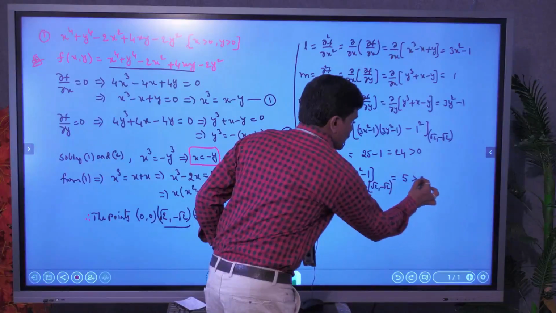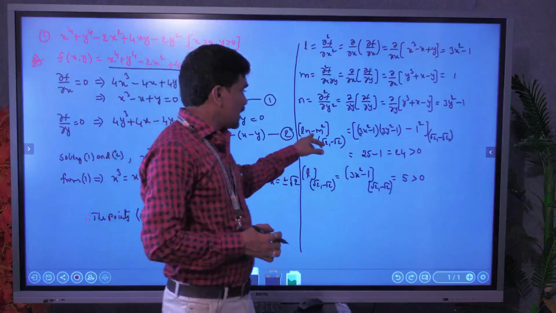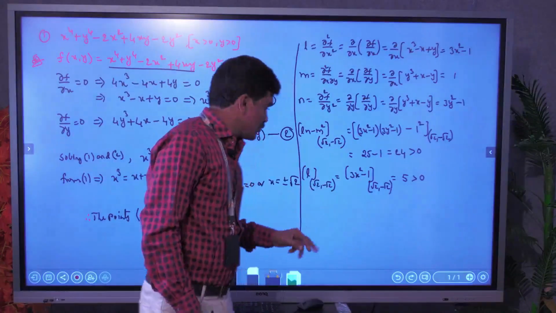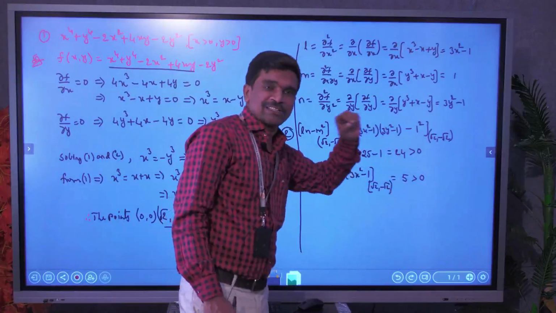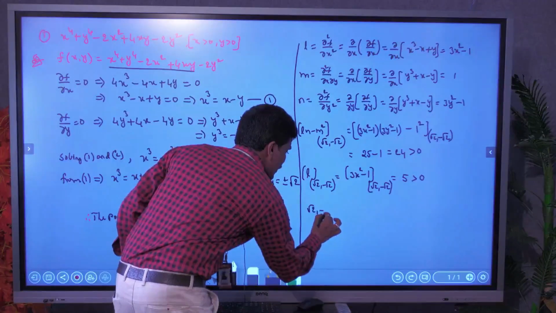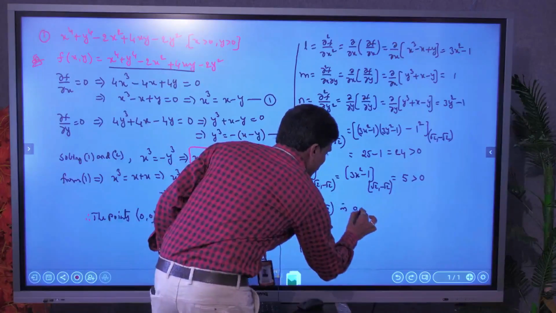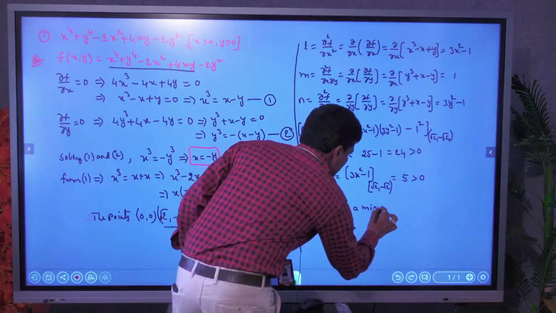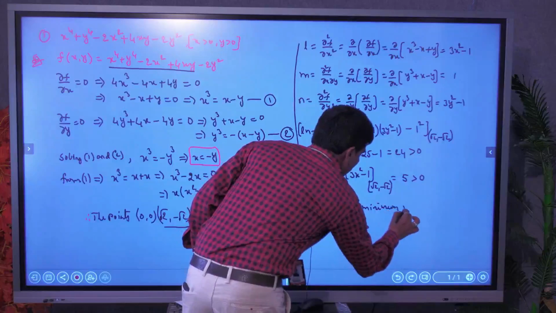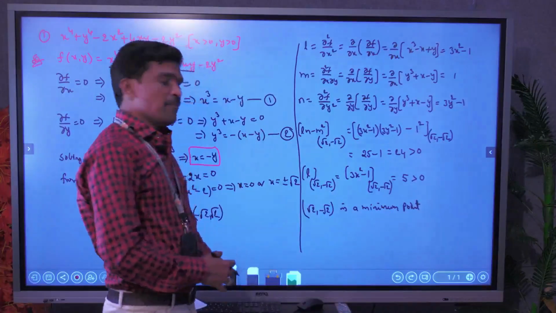So here 5 is greater than 0. Now see, ln minus m square is greater than 0 and L is also greater than 0. Then the point root 2 comma minus root 2 is a minimum point.